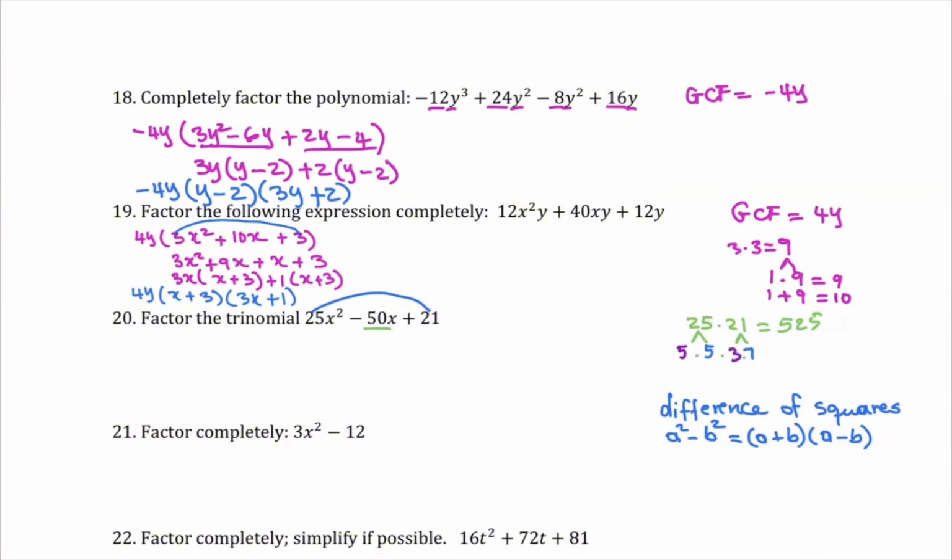Well, that's nice, right? So that is 15, and then that is 35. Well, when we multiply this, we obviously will get 525.